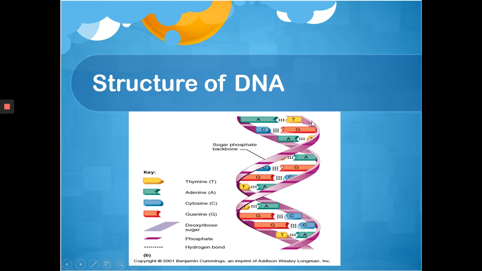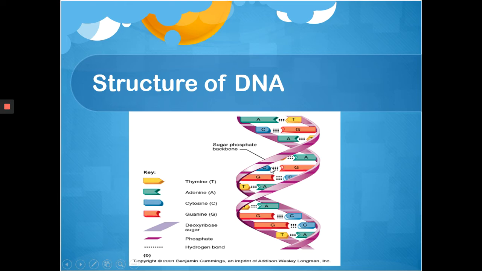So here's the sides. This would be the rails of the ladder. Here you see your deoxyribose, held together by a phosphate molecule, deoxyribose phosphate. Like I said, these are the sides or rails.